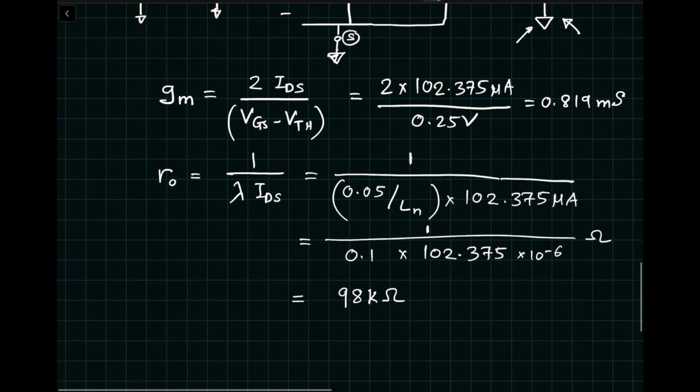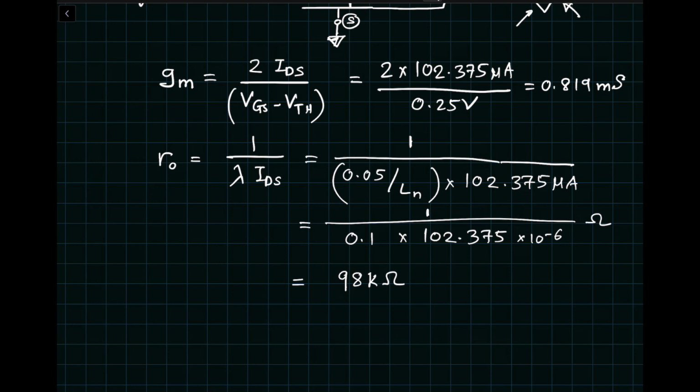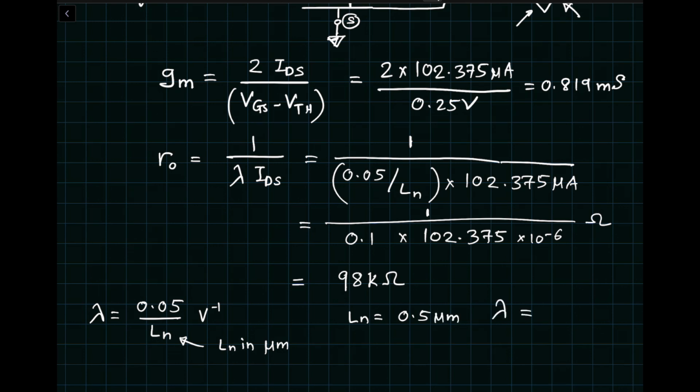One more point I want to reiterate is that lambda is given by this equation, 0.05 divided by Ln, in volts to the power minus 1, where Ln is given in microns. So for example, if Ln is equal to 0.5 micron, then lambda will be equal to 0.05 divided by 0.5, and that would be equal to 0.1 volts to the power minus 1.